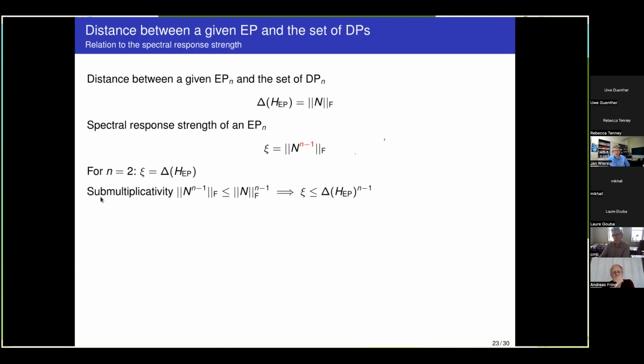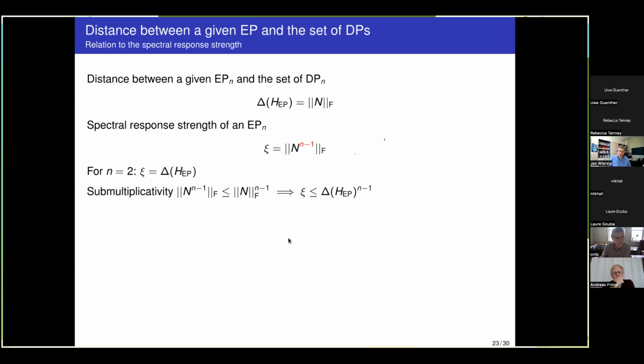One possibility would be to use sub-multiplicativity, writing down this inequality. And you can directly use this: this is here the xi, and this is the distance delta, and you get an upper bound for the spectral response strengths. This is possible, but it turns out that this upper bound is very poor.